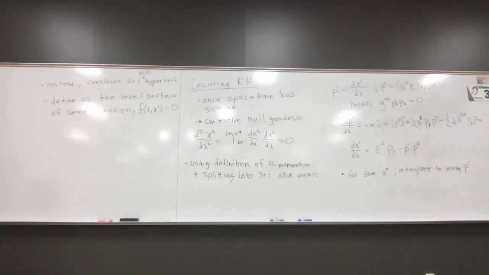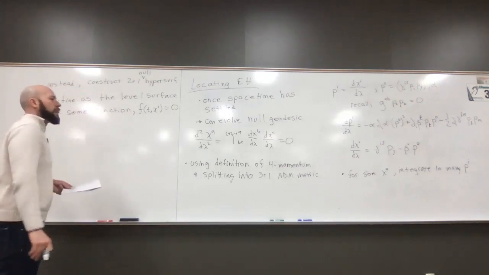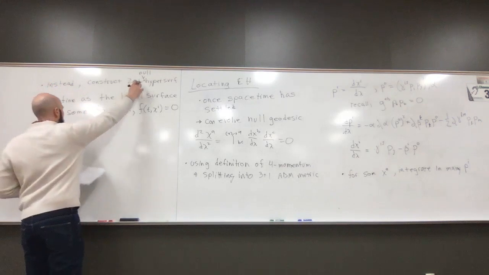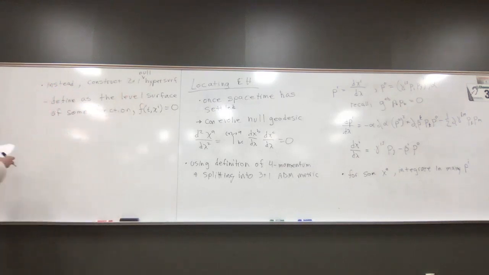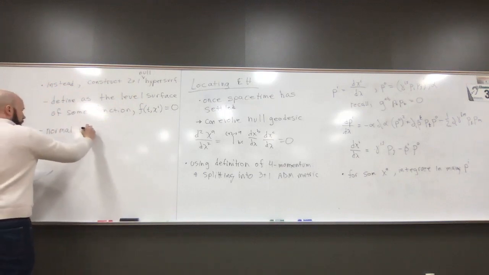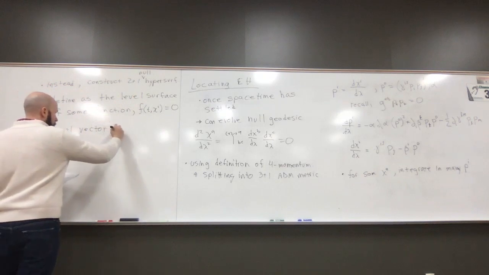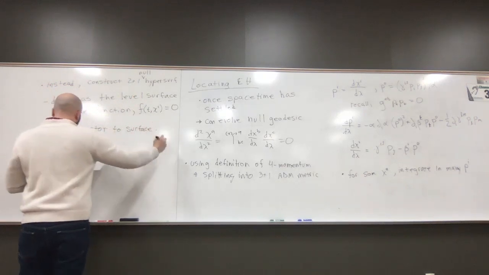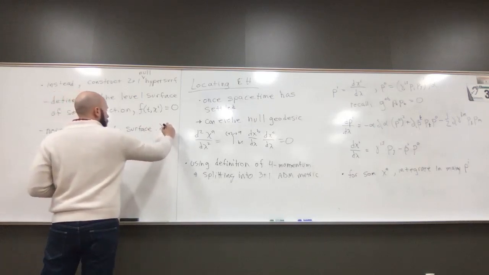I haven't said anything about a connection to horizons or anything, but I'm going to use this as a mathematical framework to try to locate where the event horizon is. And the fact that it's a null hypersurface is going to help me do that. All right, so the normal vector to the surface, which is hypersurface, is the usual thing, right?